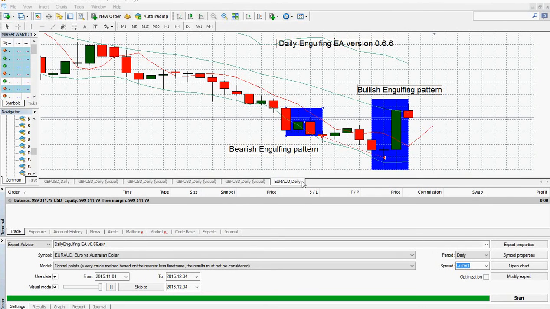For example, in this case we are below the middle Bollinger line on a daily chart. Yesterday we had this bullish engulfing pattern, a strong bullish green candle, but we need to see the next day's low, and we need to see that price is above that line.